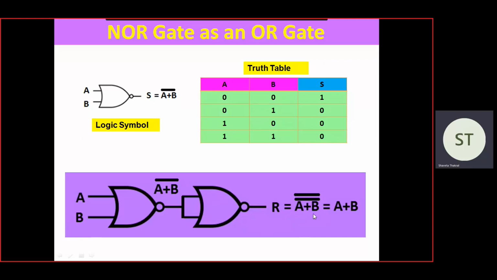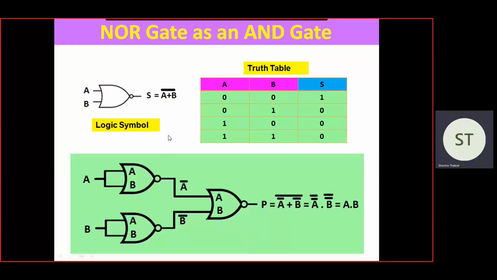So here we have (A plus B) complement, and complement to the complement gets cancelled out, and output we obtain here is A plus B, and A plus B is the output of OR gate. So we have proved that this particular circuit is working as an OR gate, and that we have constructed using only NOR gates.